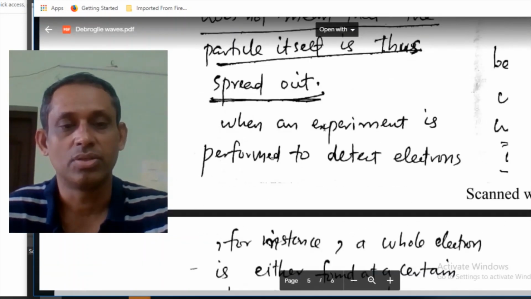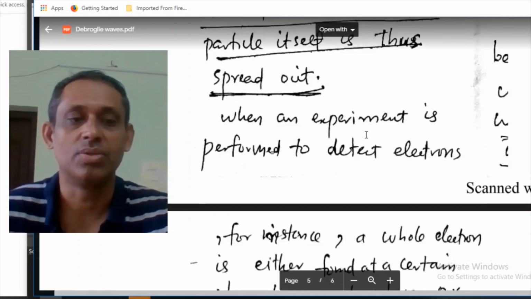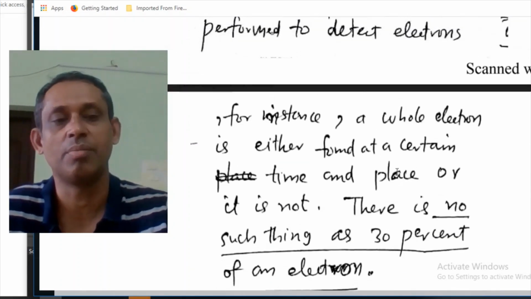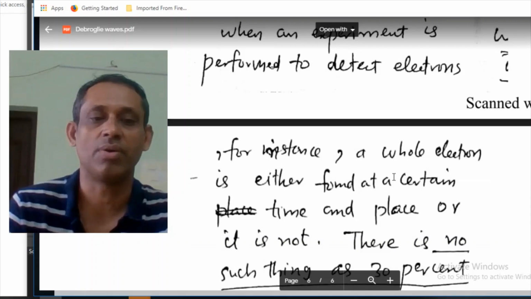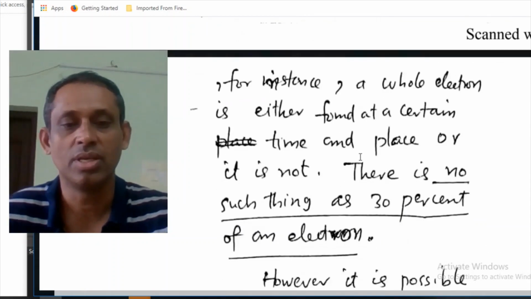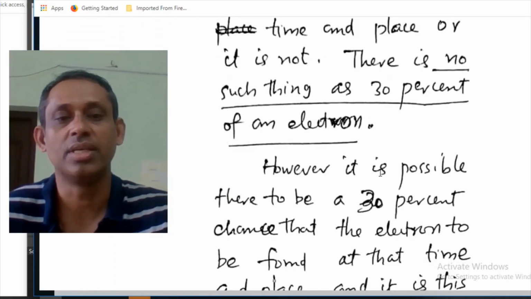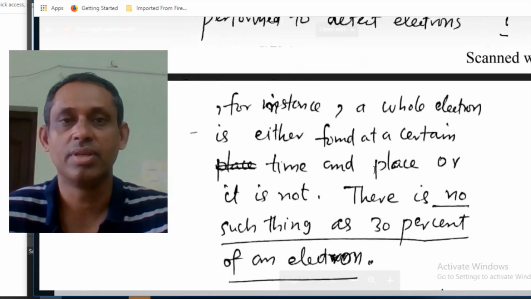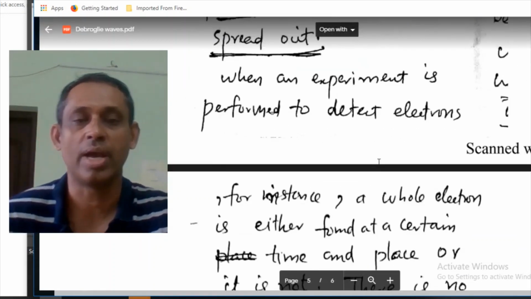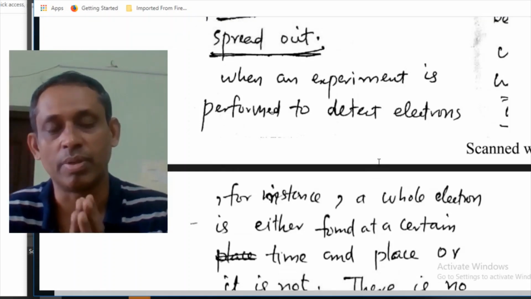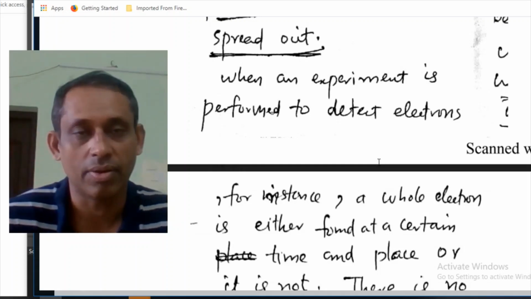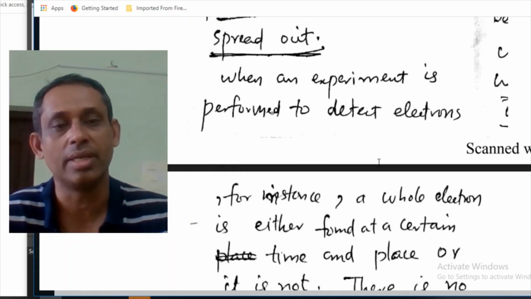So when an experiment is performed to detect electrons, for example, a whole electron is either found at a certain time and place, or it is not. There is no such thing as 30% of an electron. Suppose that modulus of psi square, the probability density, has a value of 0.3, or the probability is 0.3.